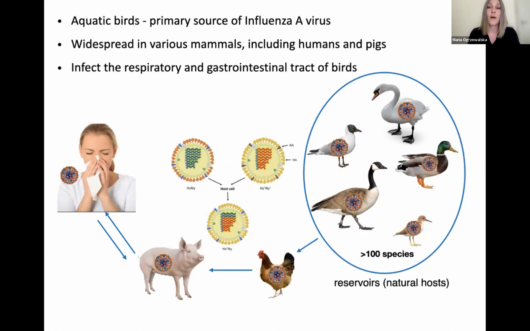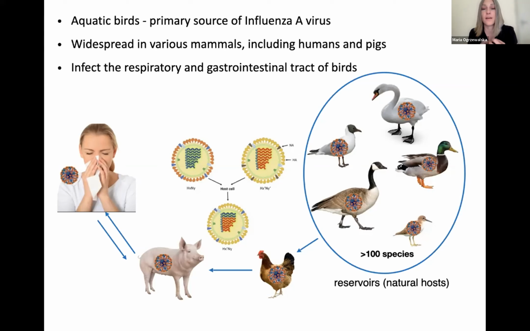However, sometimes those viruses pass to domestic animals, especially poultry like chickens. From chickens they can pass to swine, and swine can pass those viruses to humans. Swine are especially important because they have receptors for many types of influenza viruses.